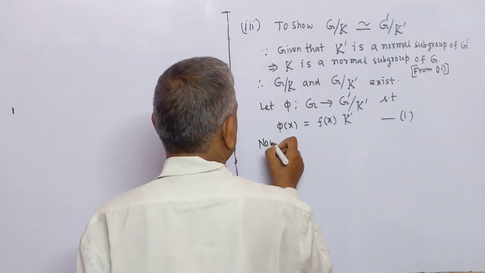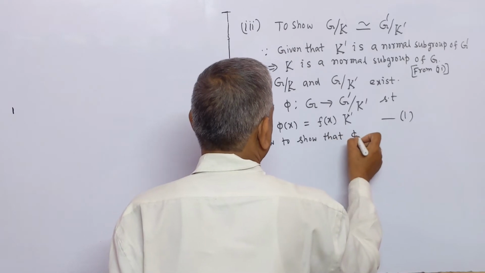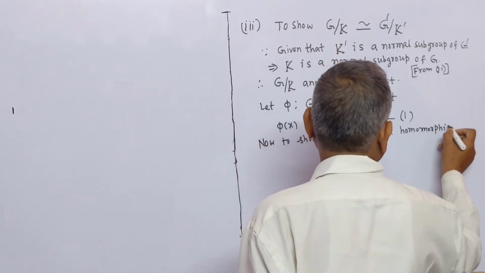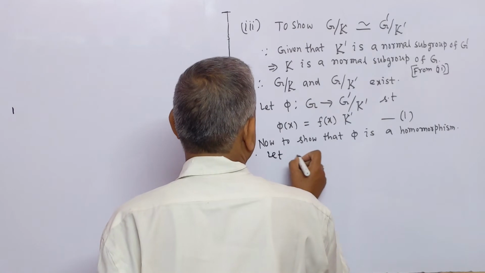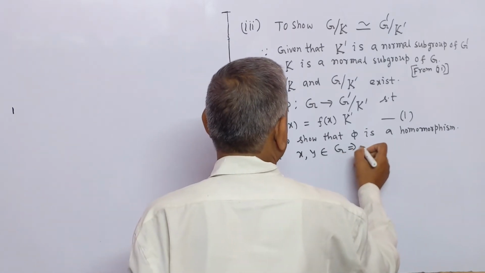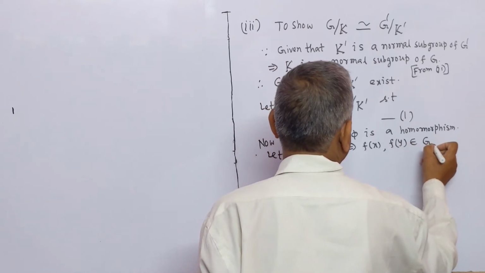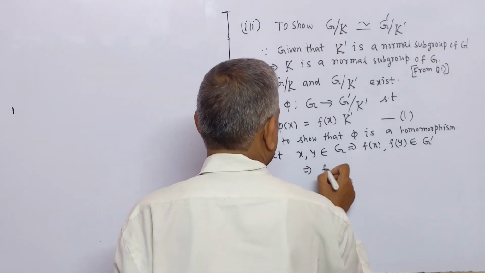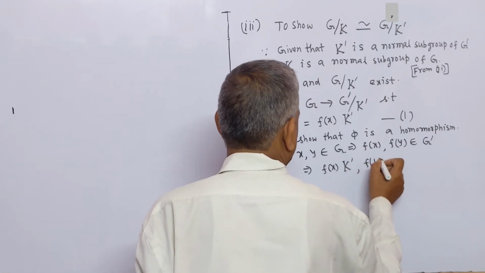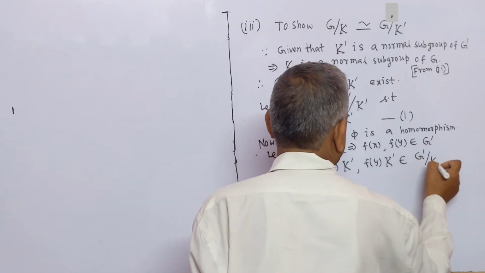Now to show that phi is a homomorphism, let x, y belong to group G, implies that f(x), f(y) belong to group G', implies that f(x) K', f(y) K' belong to quotient group G' by K'.